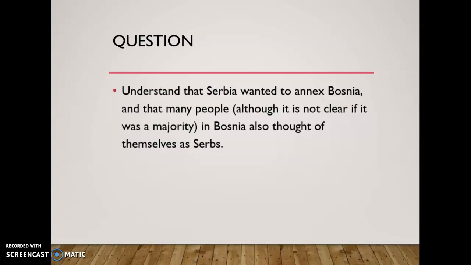However, because Serbia wanted to take Bosnia, they did not want Bosnia to be happy, because if Bosnia was happy, Bosnia would not rebel. And they wanted Bosnia to resist being taken over or annexed by the Austro-Hungarian Empire.